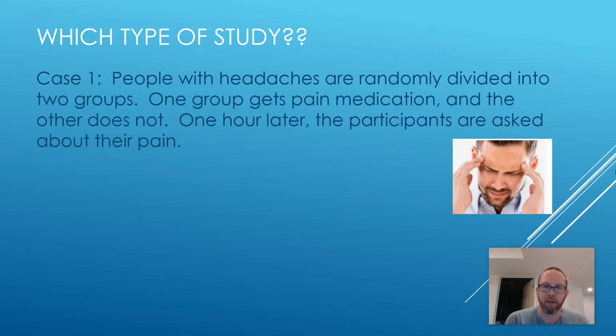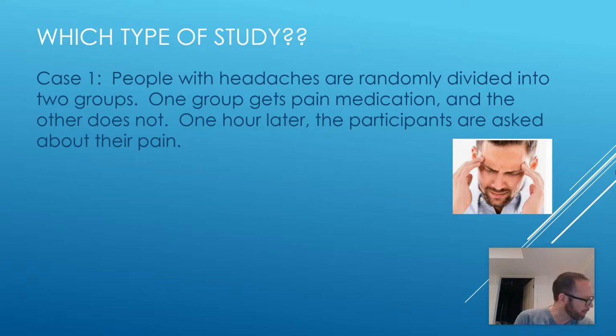But this is an example of an experimental study. If we talk about our three elements, in this case, we have control. One group gets the medication, one group doesn't.